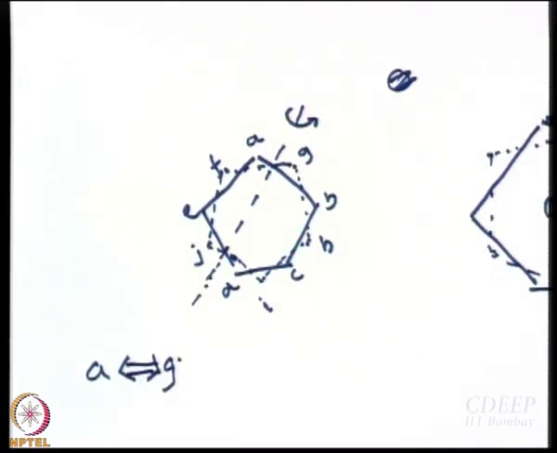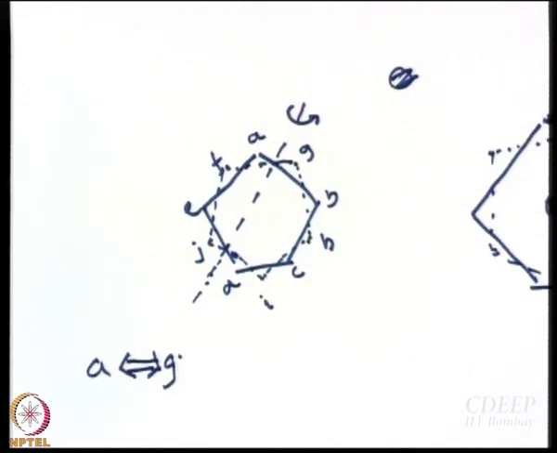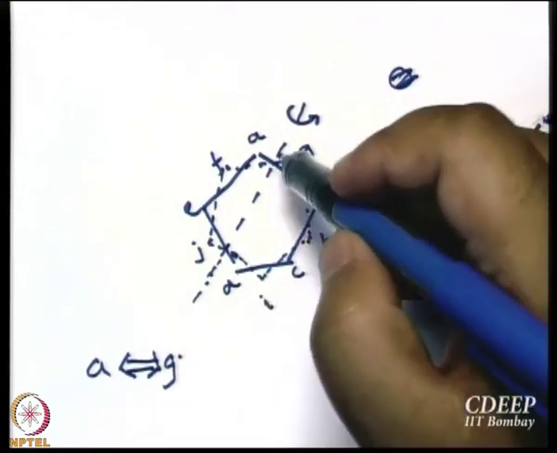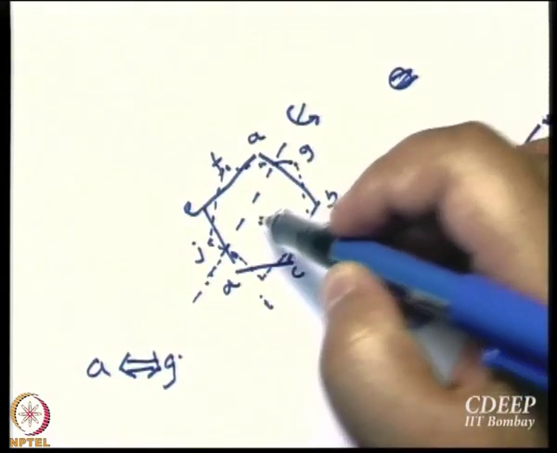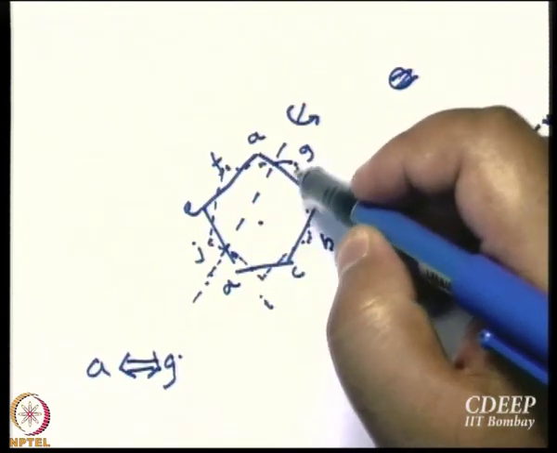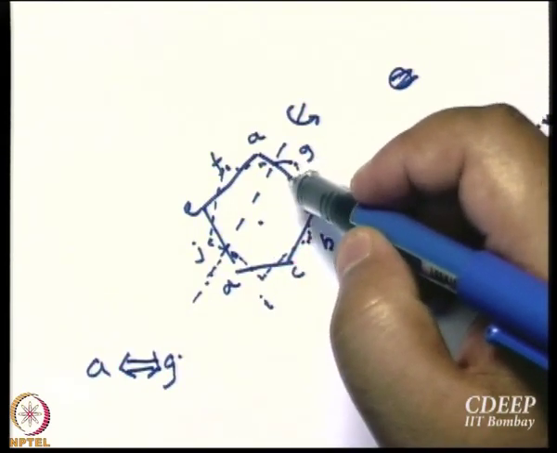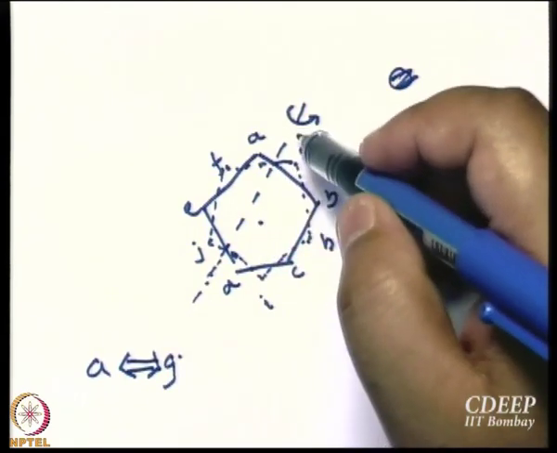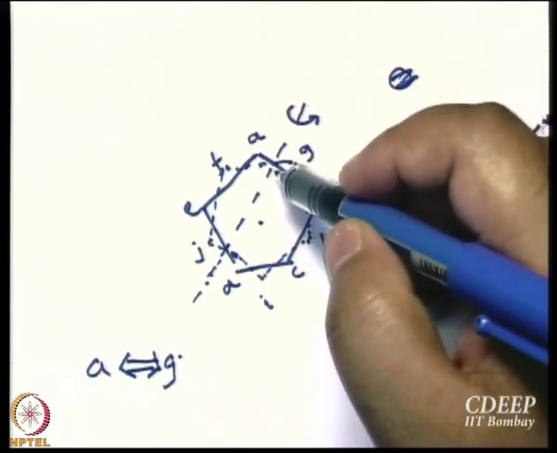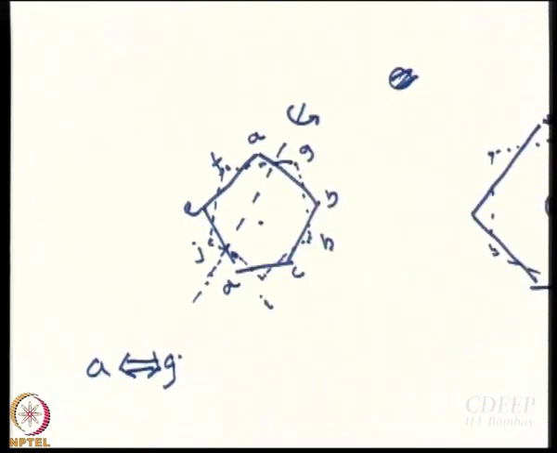Will you agree with me? The angular disposition is exactly in between the two lines, if I take the center and take projections in the middle, right? So, A and G would interchange places.